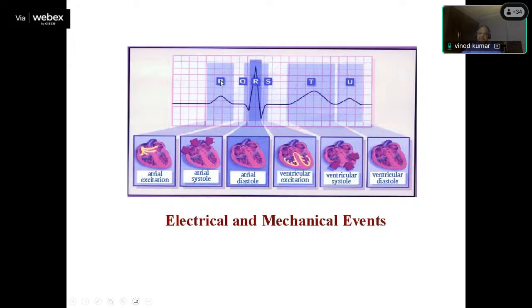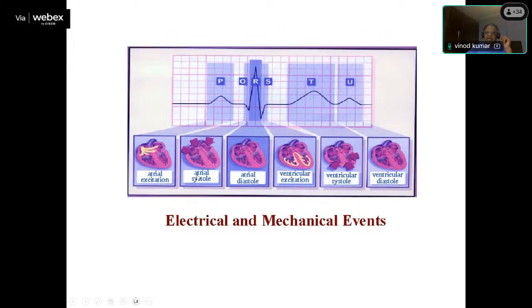When the P wave arrives, right atrial excitation takes place. And when the right atrium is excited, it squeezes and pushes the blood from the atrium to the right ventricle.